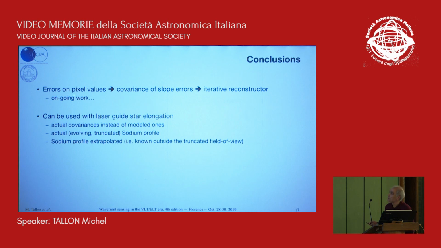So, the conclusion: I've shown you the path from errors on pixels, to covariance of the slopes, and an iterative reconstructor, which should give you the input for the update of the commands. This is very similar to the laser star elongation problem. We could use such an algorithm on that. You would have the actual covariance instead of the model one, particularly when you have truncation.